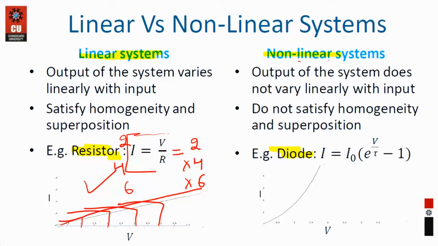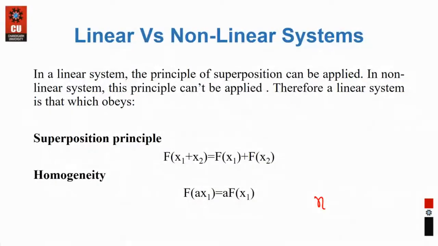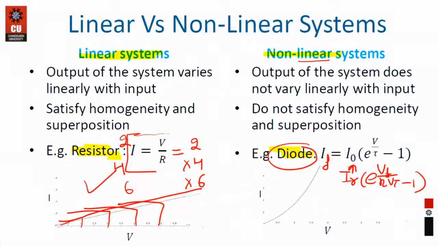But in the case of a non-linear system, if you look at the diode, we know the forward current of a diode can be written in terms of the reverse current. The exact equation is I = IR (e^(VF/(eta VT)) - 1), where eta is the efficiency factor: for silicon eta is 1, and for germanium eta is 2.